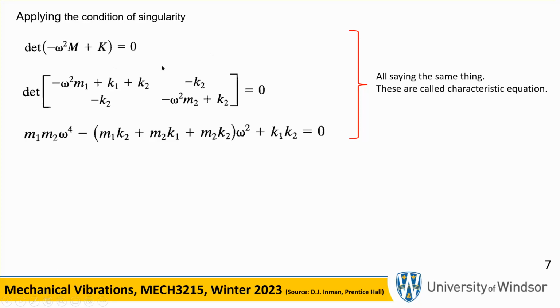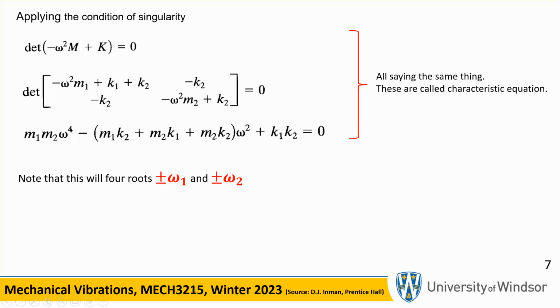These are called characteristic equations. Whether you talk about this or that or that, they're saying the same thing, and these are called characteristic equations. Now, when you find omega squared, you can take plus or minus omega 1 and omega 2.